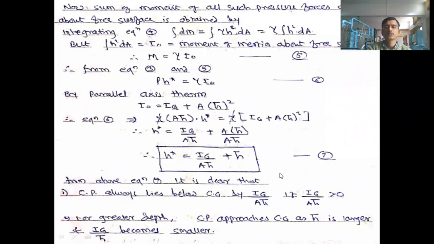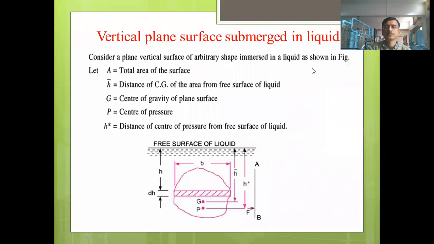Centroidal axis parallel to the free liquid surface means, if you see here in the diagram, this will be the centroidal axis. Here I need to make the line. This will be the centroidal axis. About this axis, what will be the moment of inertia of this object?